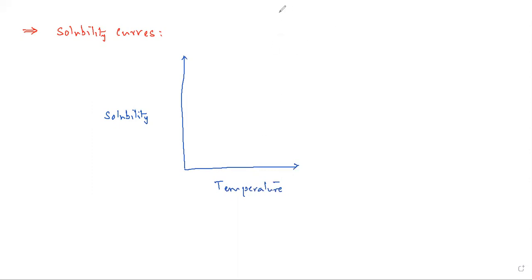If you see the curves, then they'll be like, in case of sodium nitrate, potassium nitrate, sodium chloride.